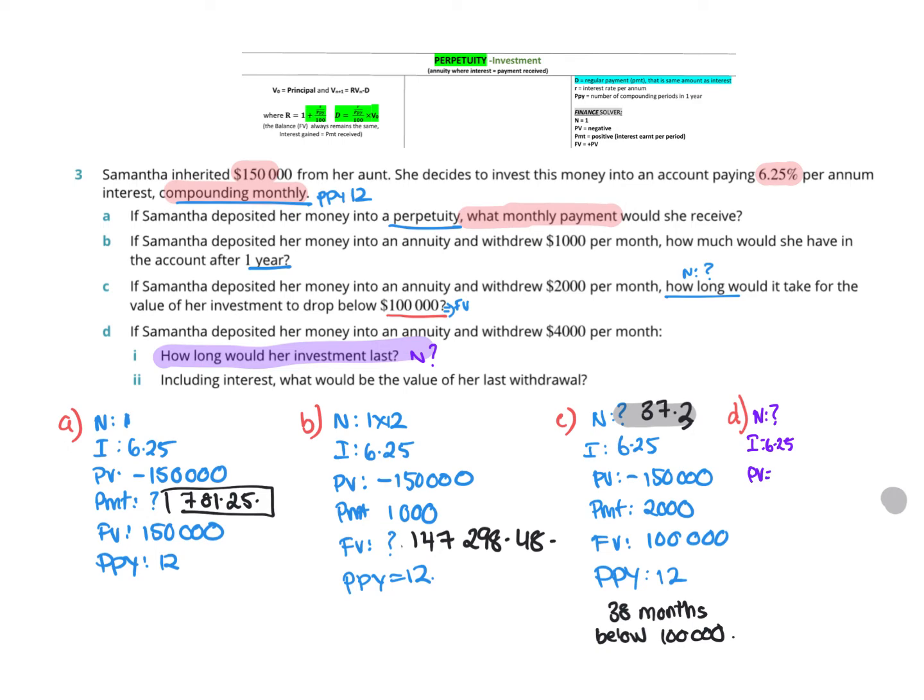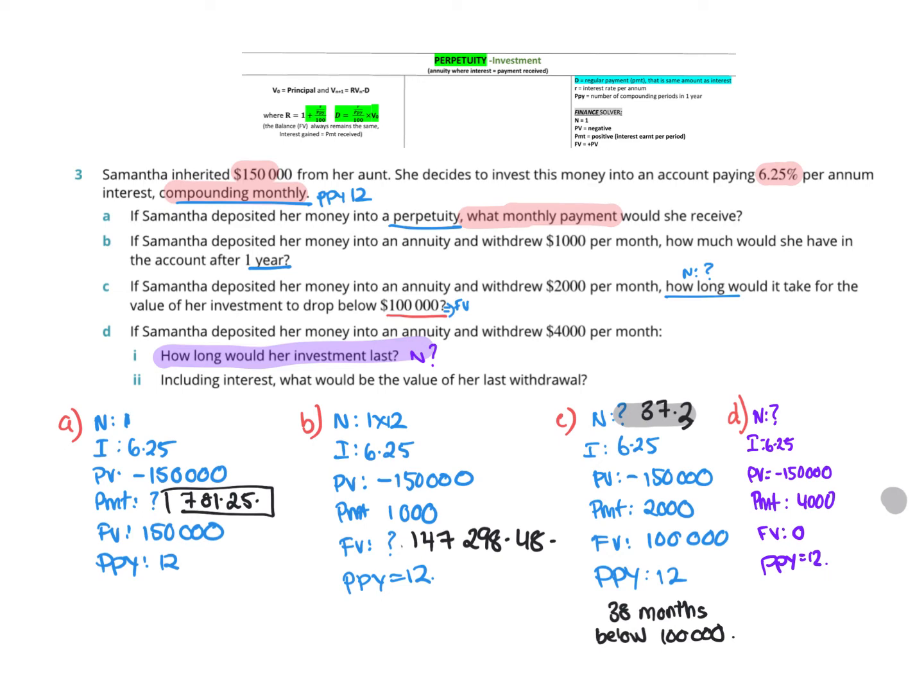The PV is still negative 150,000. The payments are now 4,000. And it says how long would the investment last? So what you actually want FV to be is zero, to zero it out. So how long would this go for before it was 0? So FV will be 0, and PPY is still 12 because it's still monthly.